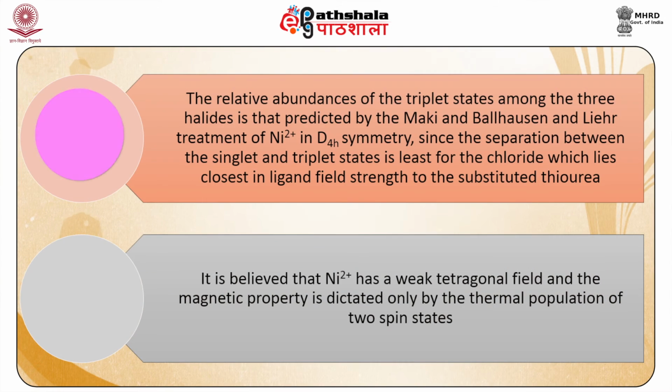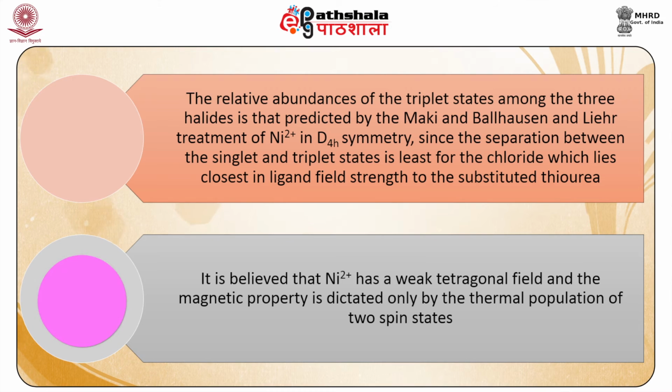The relative abundances of the triplet states among the three halides is that predicted by the Mackey, Ballhausen and Liehr treatment of nickel 2 plus in D4h symmetry, since the separation between the singlet and triplet states is least for the chloride, which lies closest in ligand field strength to the substituted thiourea.